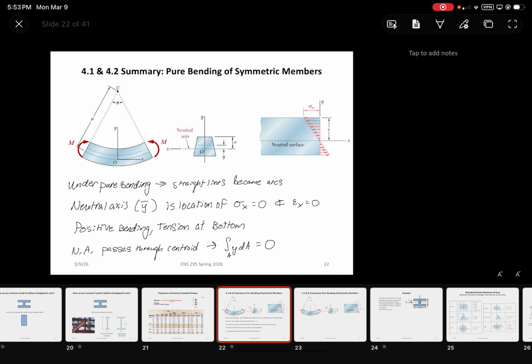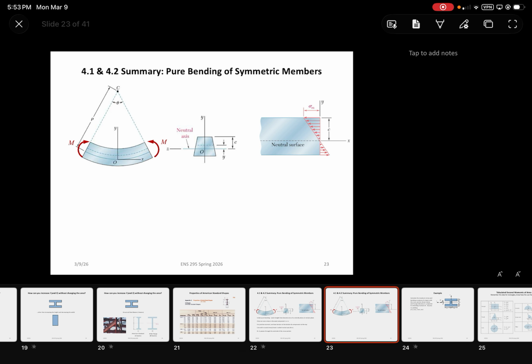All right. And then just as a recap for all of our equations, epsilon x as a function of the y coordinate is defined as negative y over rho, with its x stress equaling negative My over I. The maximum stresses and strains occur at the furthest point away from the neutral axis.